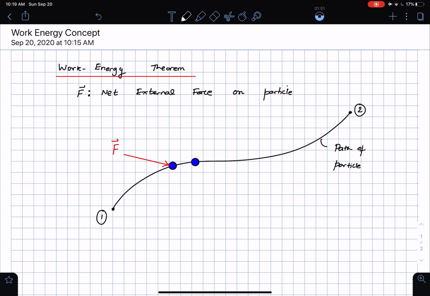So what I'm going to do is define a term called infinitesimal work.